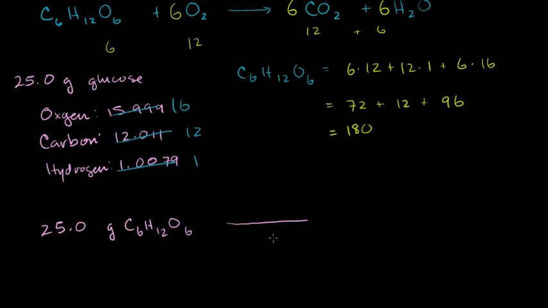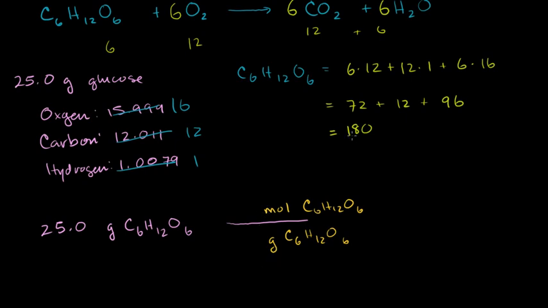So we want the grams of glucose in the denominator, and we want the moles of glucose in the numerator. Because then when we perform this calculation, that will cancel with that, and we'll be left with moles.